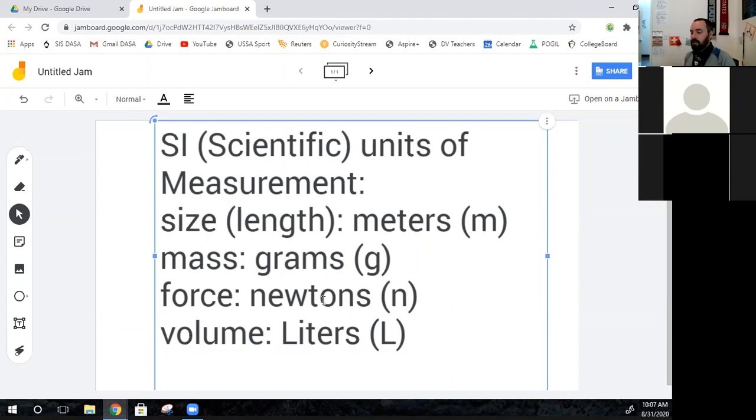If you have a bathroom scale, it should have the numbers for kilograms along with pounds. If it's a digital scale, it should have a setting on the back to flip between kilograms and pounds.